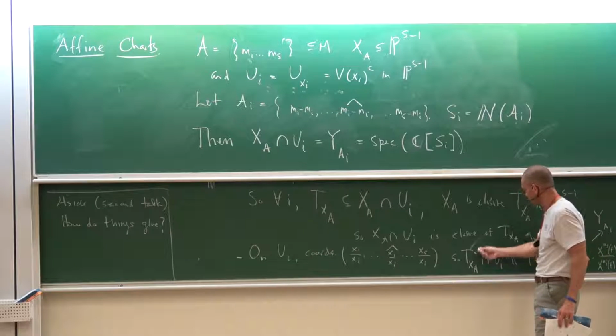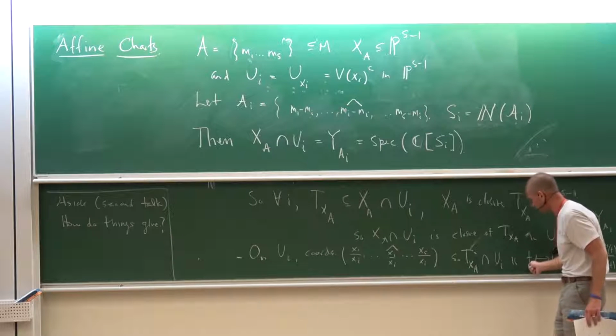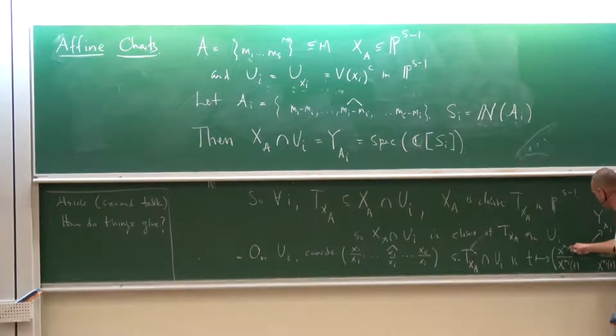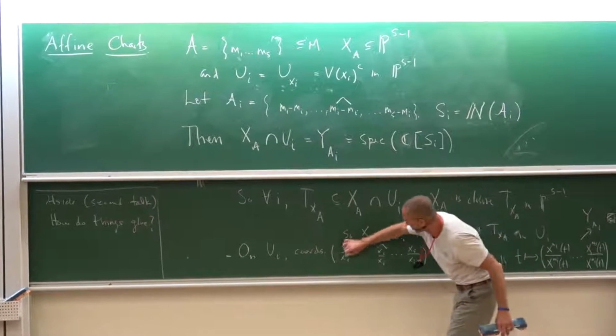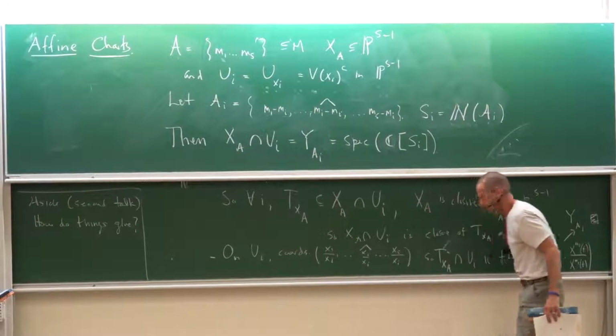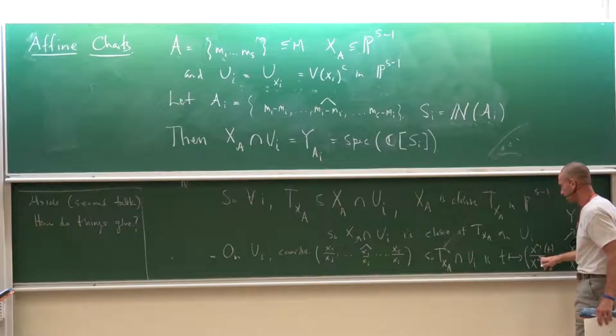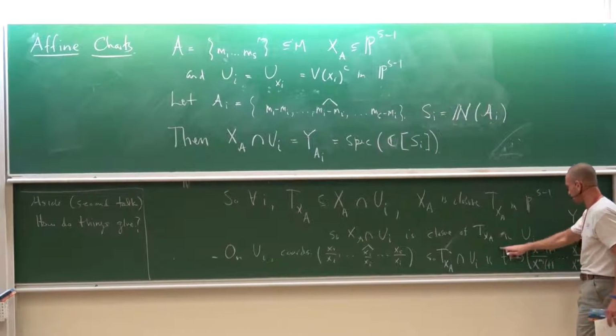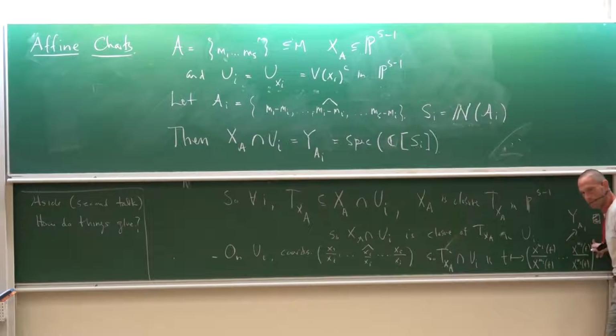The image is the closure of this map. So T is an element of the torus, and T gets set to this, right? Because these things are exactly the analogs of these. T is an element of the torus. And then I close this up, and the closure of this is exactly my Y of A sub I. That's how we fit it.